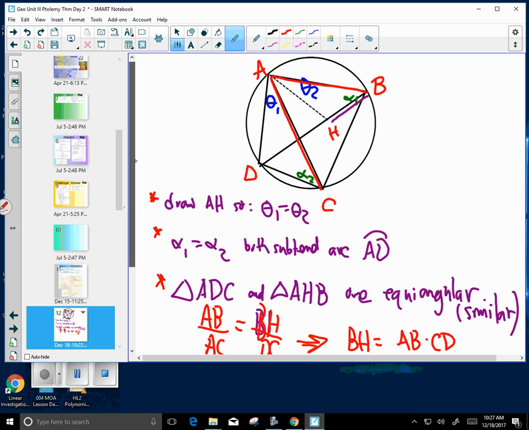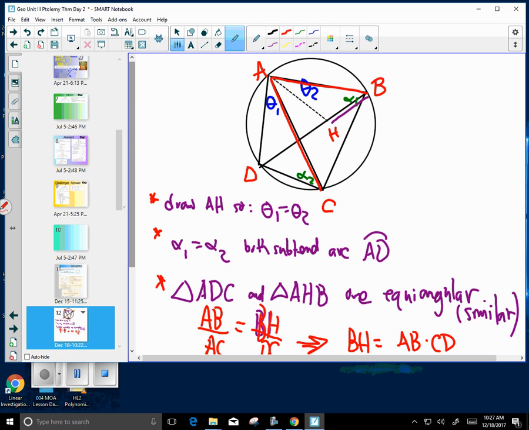Okay. Now what we're going to do is we're going to look for some more angles here. Look at angle AHB. Nope. AHD. What is this angle in here? What's that angle going to be?